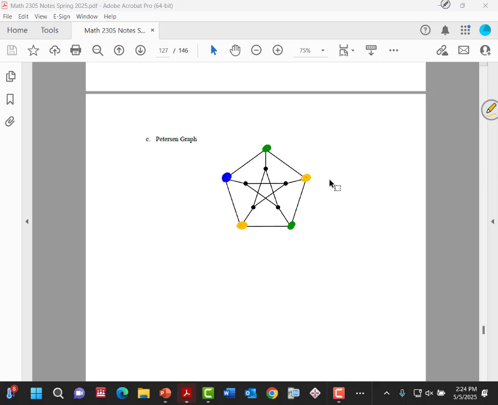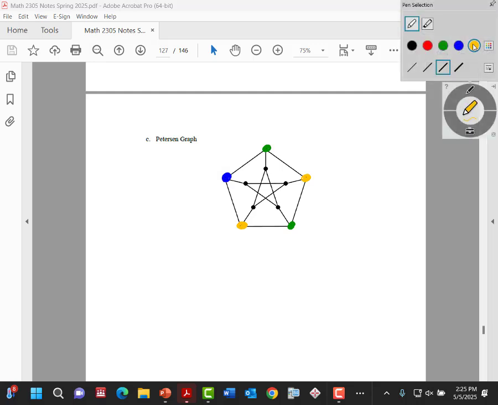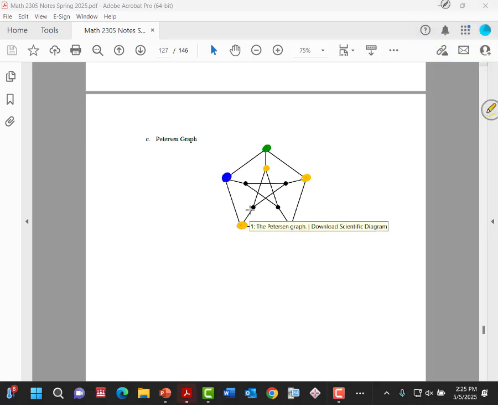Okay, so if this one is green, then let's connect him on the interior with an orange, like so. Now, if he's orange, this guy right here can't be orange.